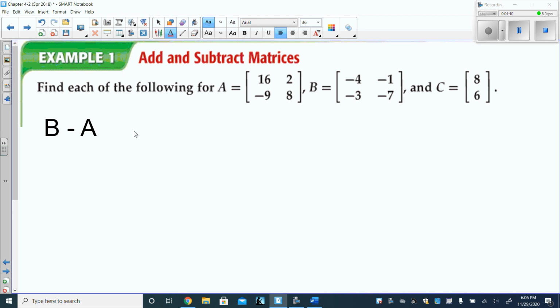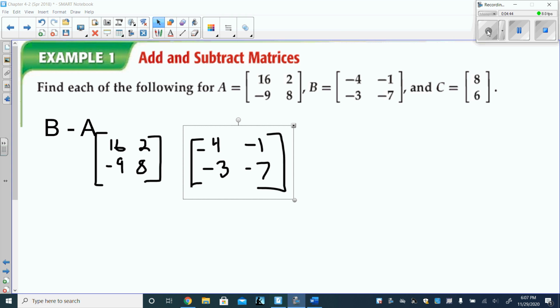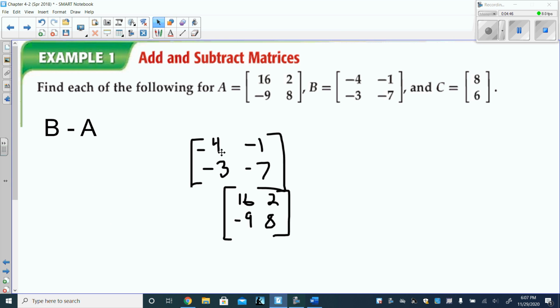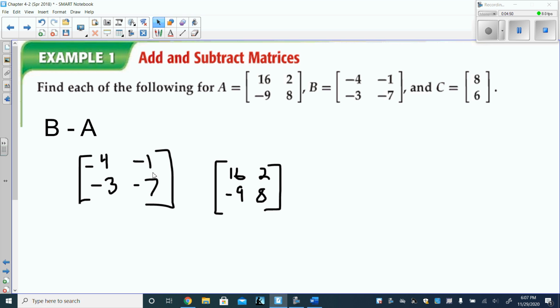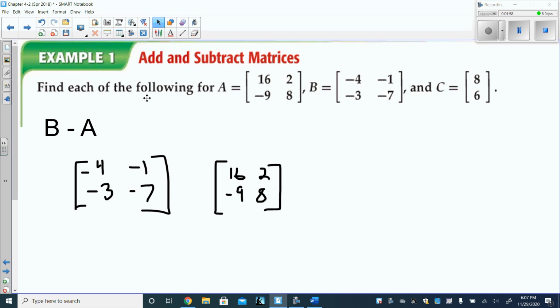Now let's do the next one here, B minus A. Okay, now I'm going to cheat a little bit with using technology, and I copied them from the first time I wrote these down. So matrix B is our -4, -1, -3, -7, and we're subtracting from it matrix A, which is our 16, 2, negative 9, 8.